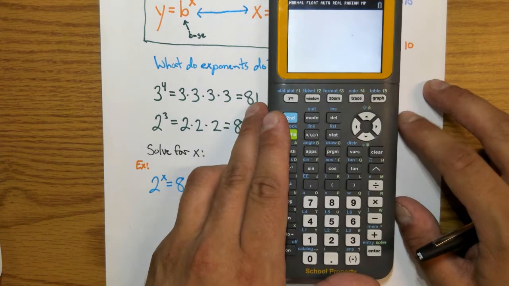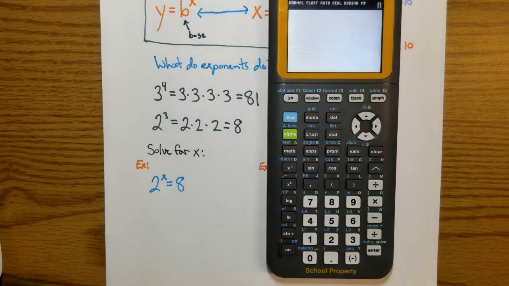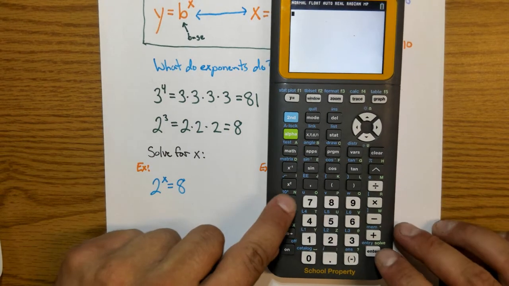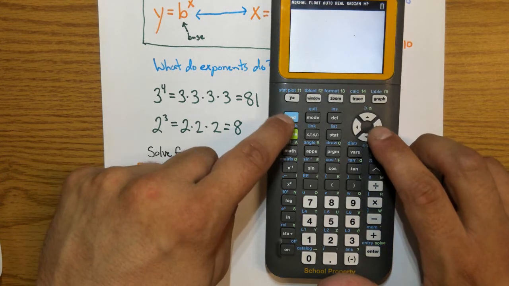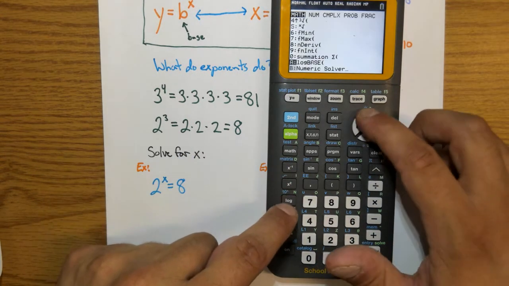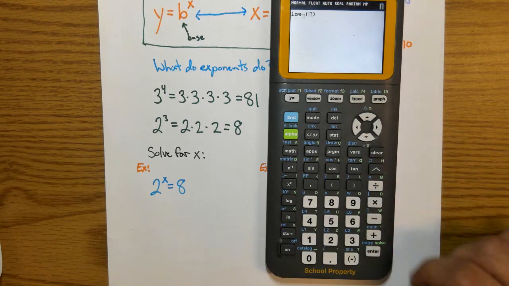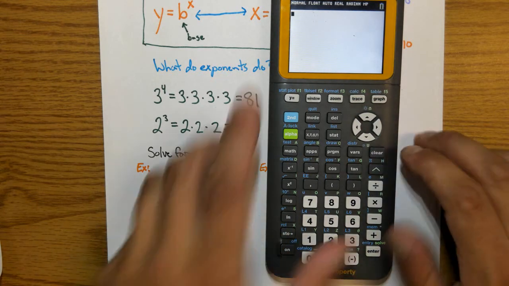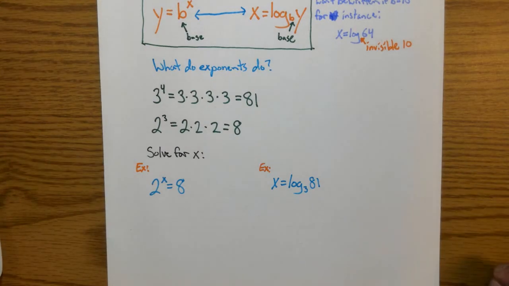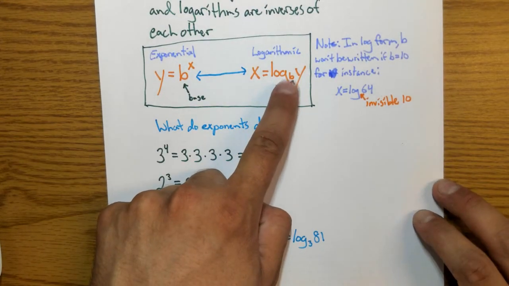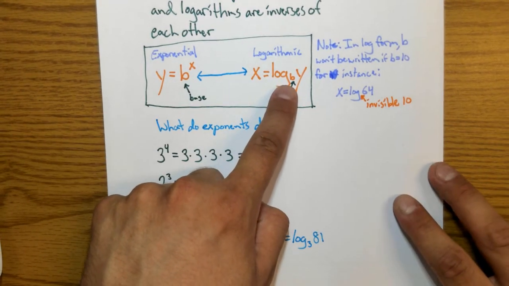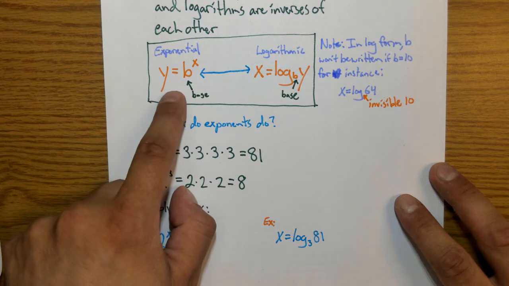Likewise, with the calculators that we have here at the school, you have two log buttons. You have this log, which is the automatic base 10, and then you can hit math and go down to log base. This is the one you would need. But since we don't have that capability learning from home right now, we don't have the option of plugging this into the calculator. So we're going to be doing this whole unit without the calculator. Okay?